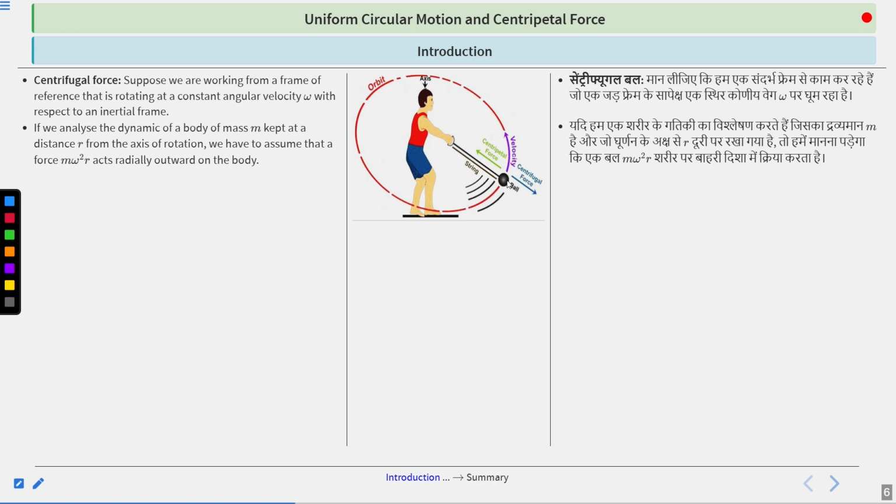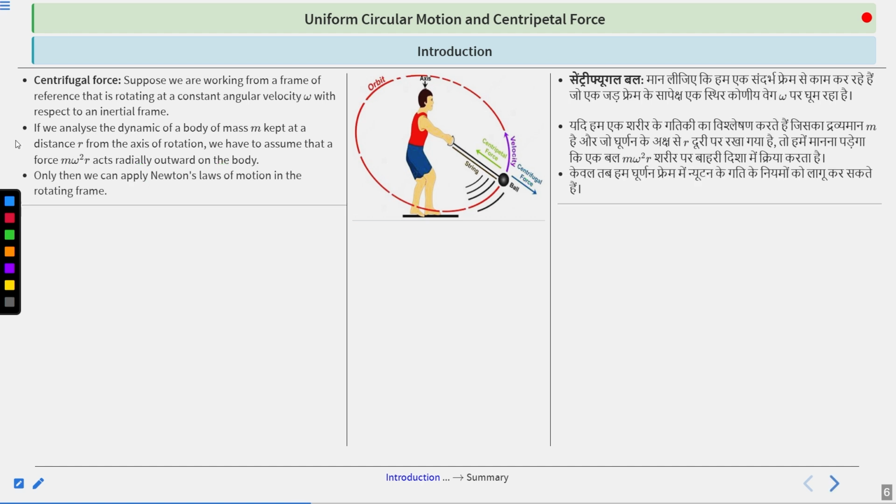Now when the person tries to rotate this ball in a circular motion, that person is making this object go far away from the center. This is happening by virtue of the centrifugal force. So it is radially outward on the body.